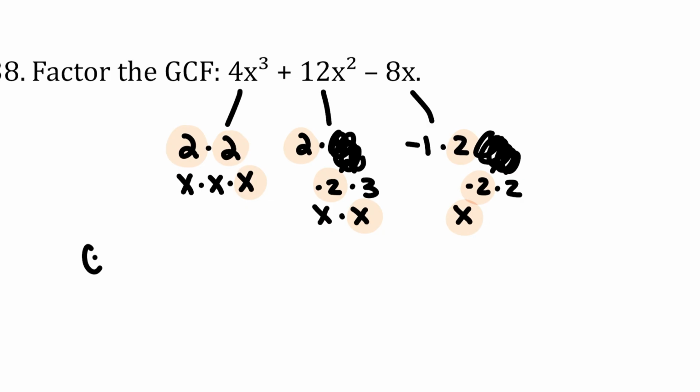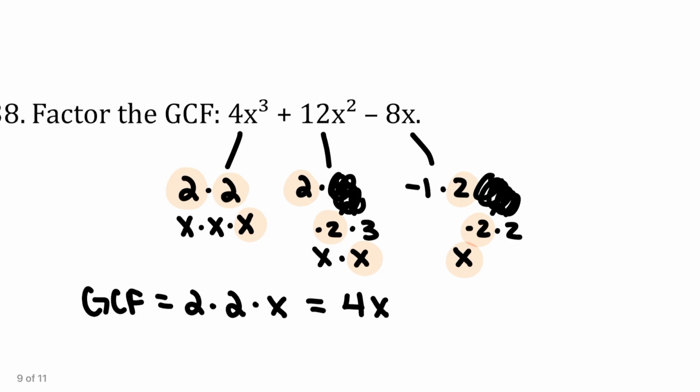So that means our GCF is going to be 2 times 2 times x, which is actually just 4x. So when factoring, you could have also taken out a 4, right? You could have done 1 times 4 for 4. You could have done 3 times 4 for 12. And you could have done 2 times 4 for 8x.